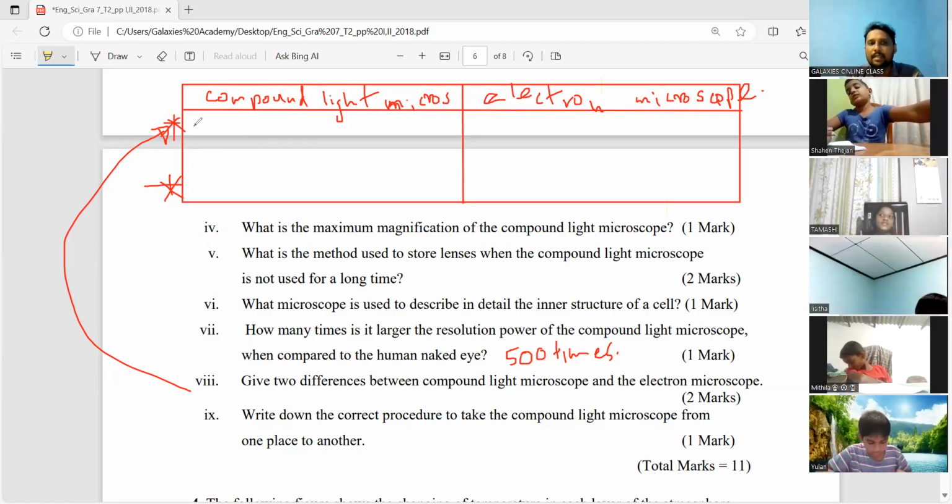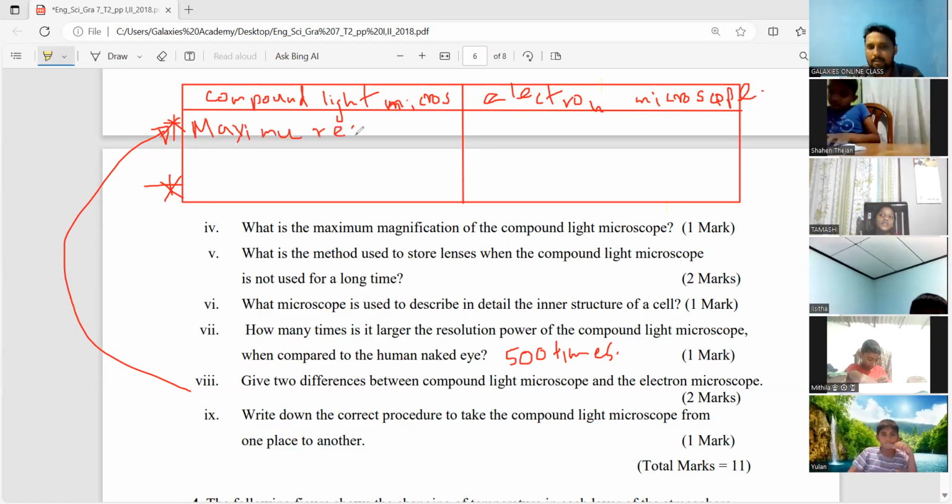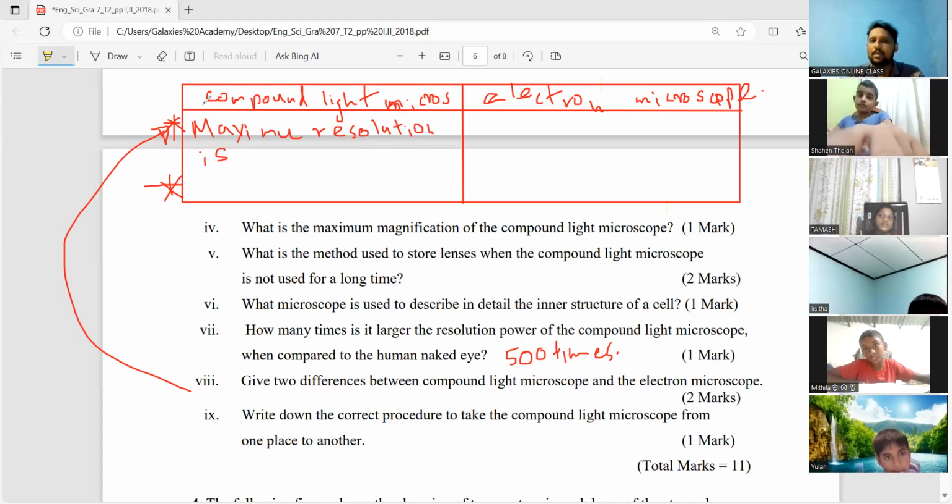First we can write the maximum resolution.